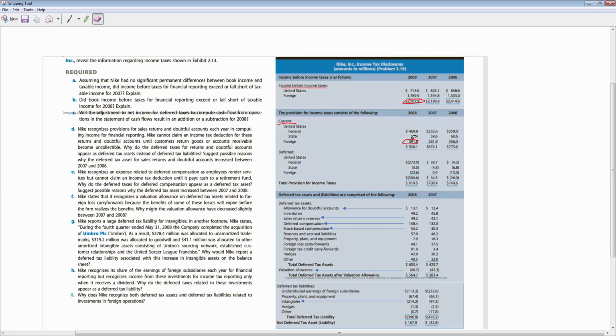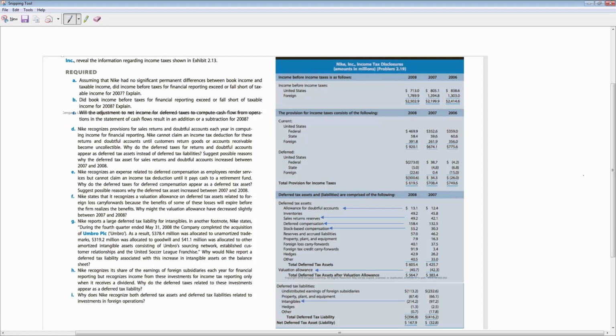So what is the reason? Probably you think the reason is the tax rate. Yes, you're correct, because a lot of countries are tax havens, and their corporate income tax is quite low, not as high as in the United States.